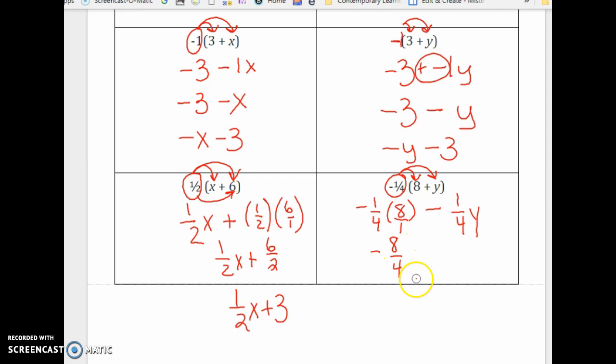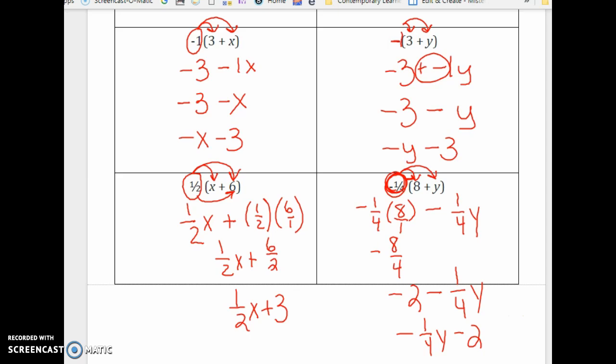Well, I know what negative 8 over 4 is. It's negative 2, because 1/4 here of 8 is negative 2, minus negative 1/4 y. I should rewrite this as negative 1/4 y minus 2. That's usually the standard form.